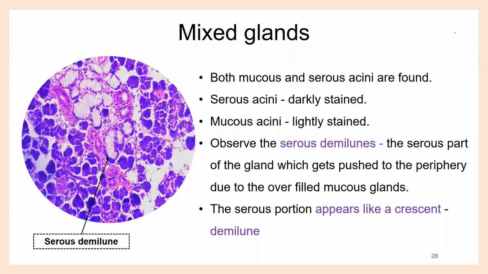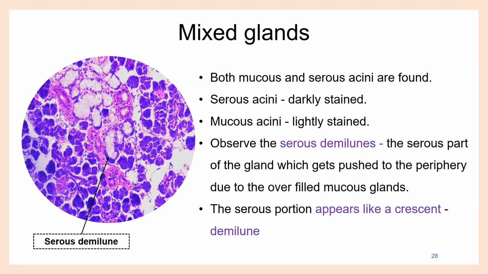Then mixed glands. So this is a slide of the salivary gland. Here you have both mucous and serous acini, and the serous acini are darkly stained, as I've told you many times.